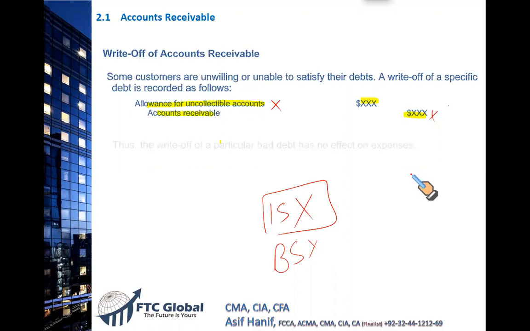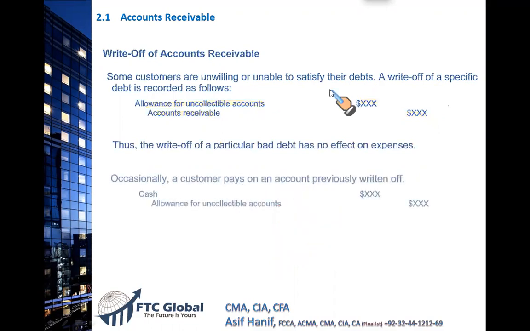Now, the question you asked me a minute ago: what if we recover a bad debt that was previously written off? You can't consider it as income, right? A customer pays an account which was previously written off. You debit the cash, of course, as you receive cash, but credit is not given to other income or a bad debt recovered account.